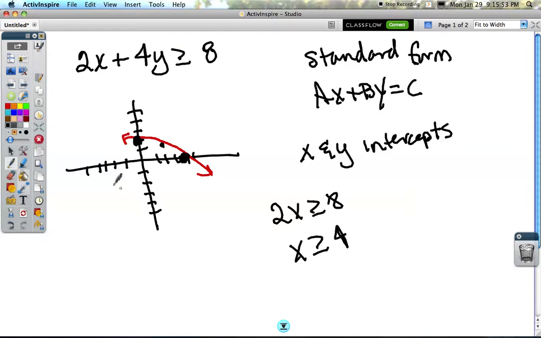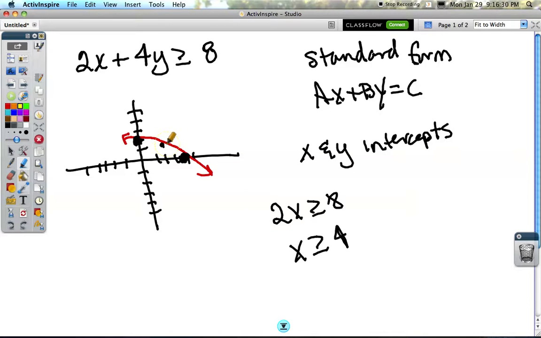Now, here's where it gets a little tricky with your shading. Okay, everybody pay attention. Put your pencil on the line. What is the first variable that you see? X. X runs which direction? Left and right. Where's the greater than on the x-axis? To the right.